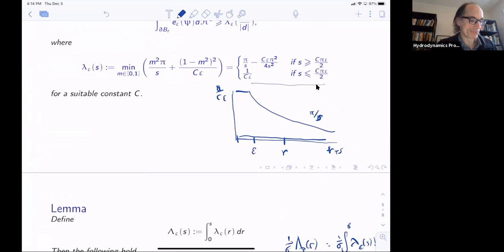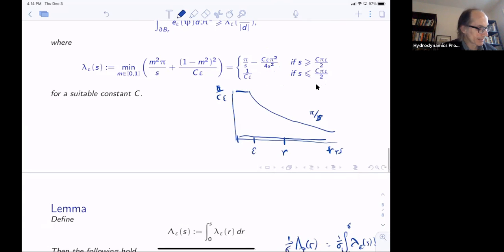Then if I integrate from this number out to infinity, the error term will integrate to a finite number. The main contribution is the integral from order epsilon out to r of 1 over s ds times pi, and that gives me pi log r over epsilon.